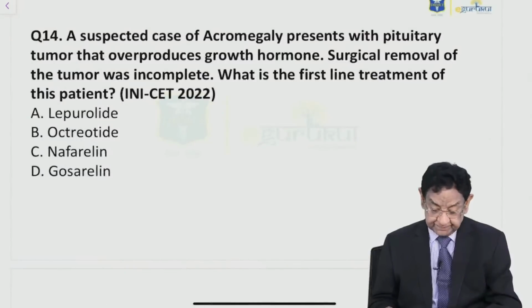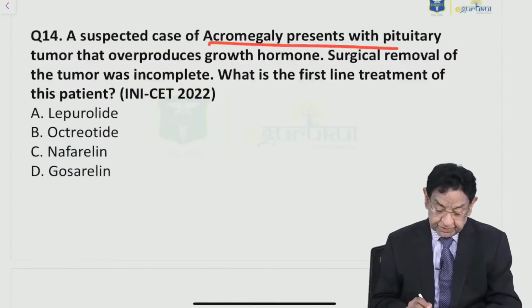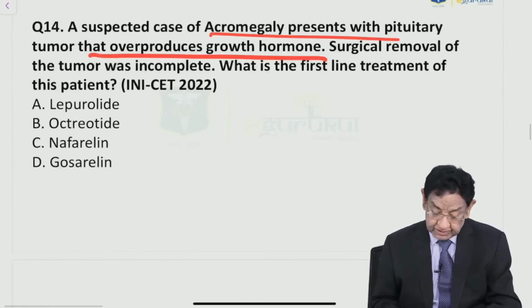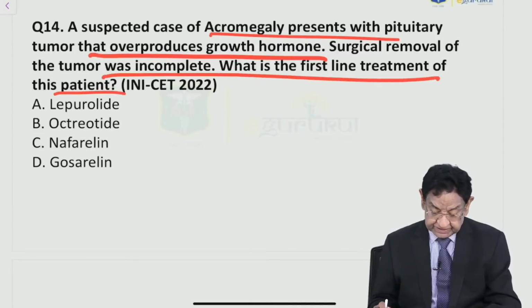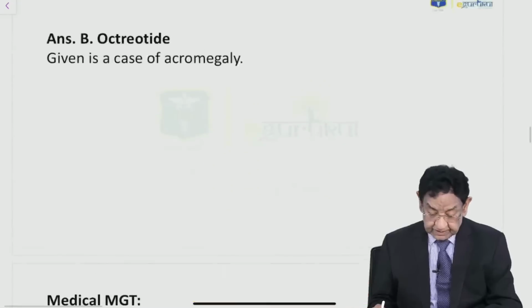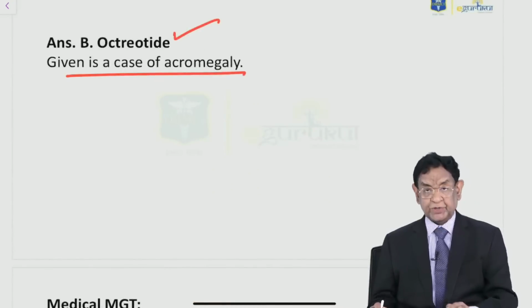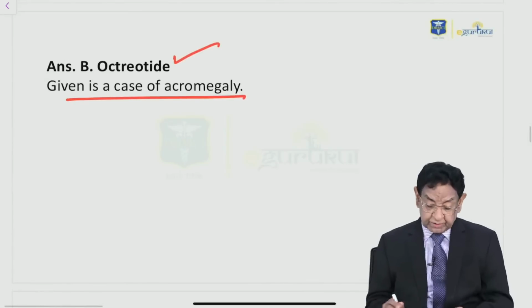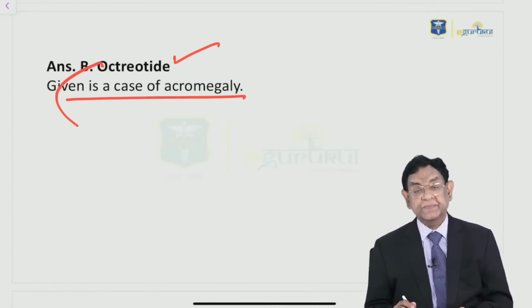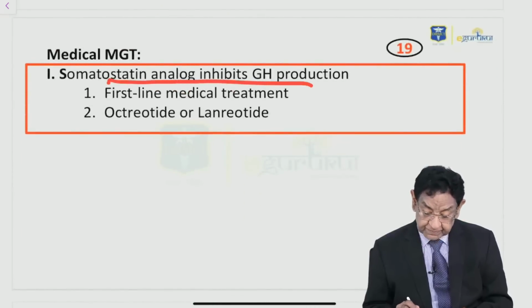Question number 14. A case of suspected acromegaly comes with a pituitary tumor overproducing growth hormone. Surgical removal is incomplete. What is the first line treatment of this patient? Well, it's a case of acromegaly. The right answer is octreotide. Octreotide is a somatostatin analog.